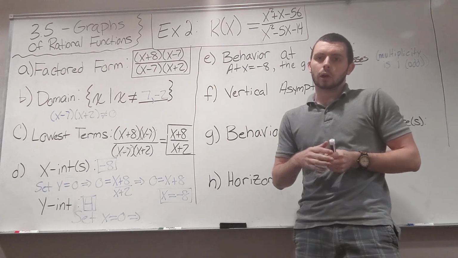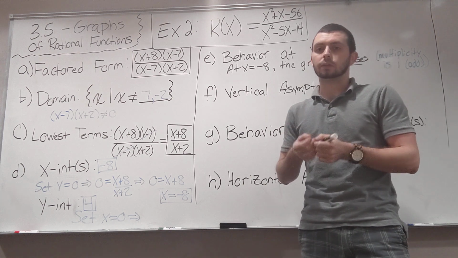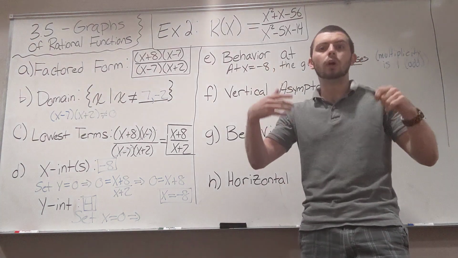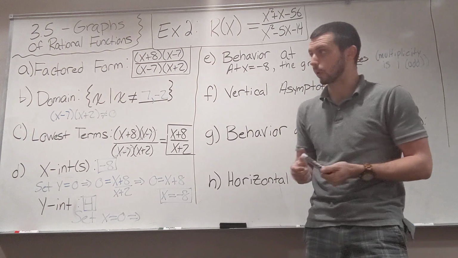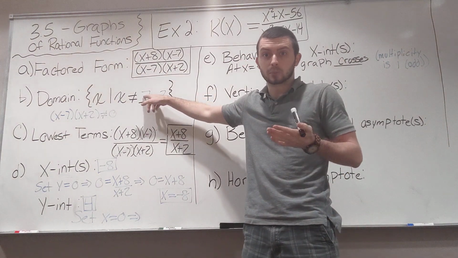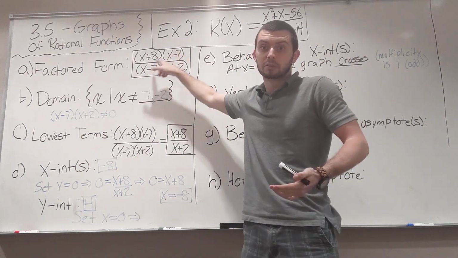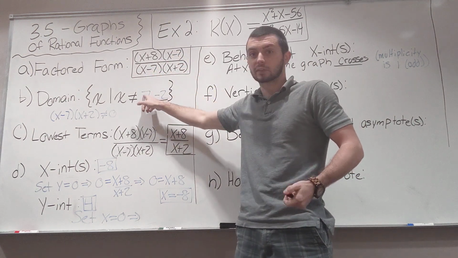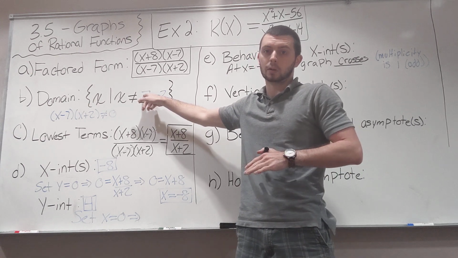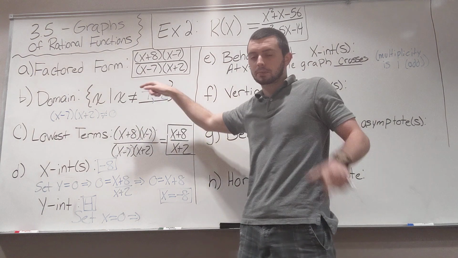Instead, and we'll see this at the end of this example, what we end up getting is a hole, an open circle, on the graph. So 7's still a domain restriction, but because we canceled out the x minus 7 factor, 7 is not a vertical asymptote. At x is 7, we'll just get an open circle on the graph.